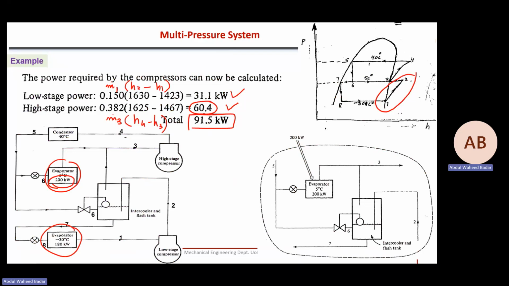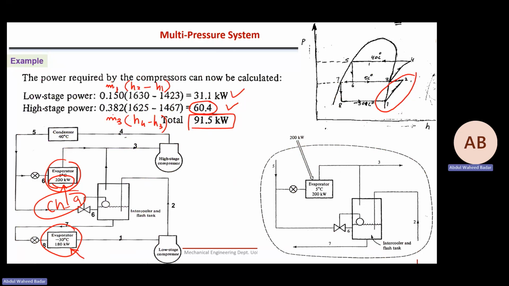Your project is telling us this thing. To cool this room at 5 degrees Celsius, how much heat has to be removed? That is chapter 9. To find out the heating or cooling load, that is this 200 kilowatt or 180 kilowatt, which you are seeing here. That is your cooling load calculation.